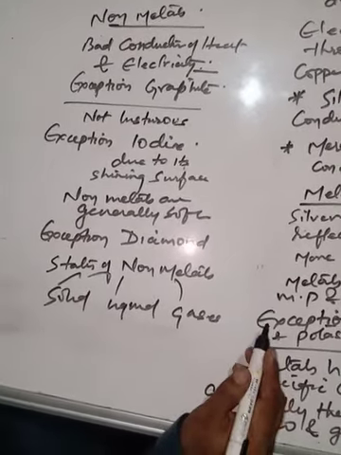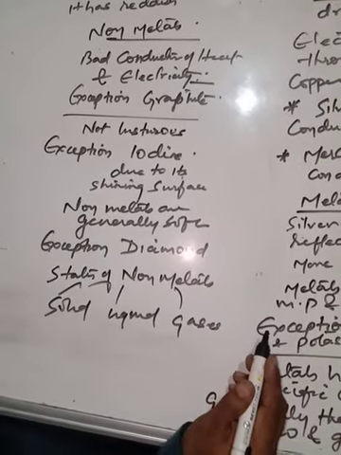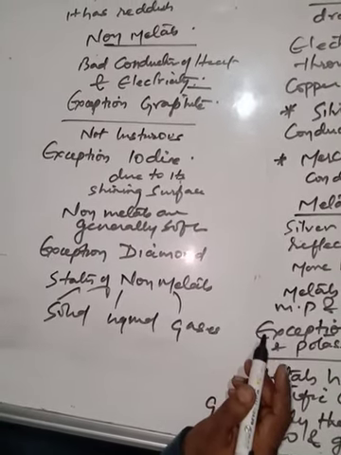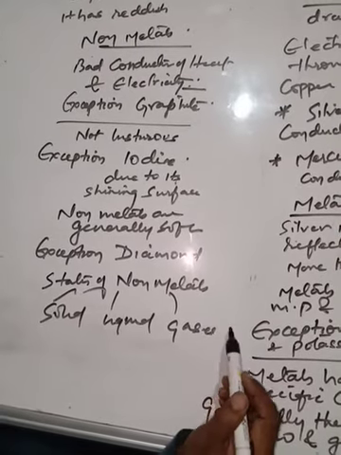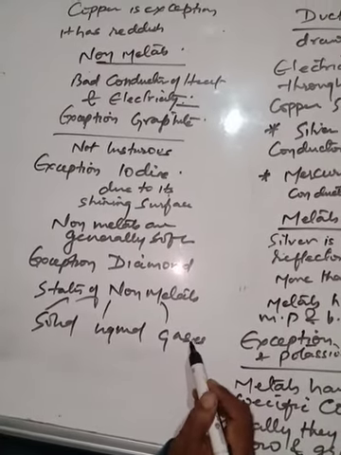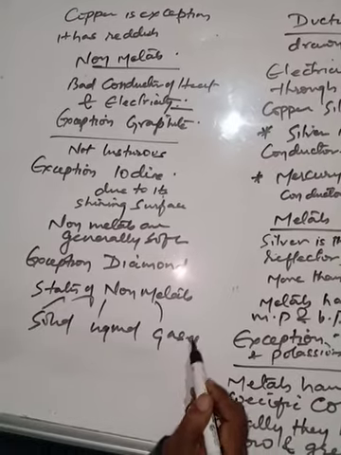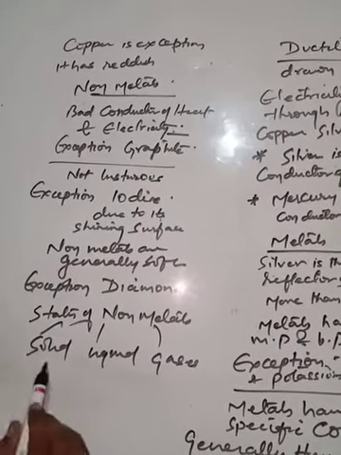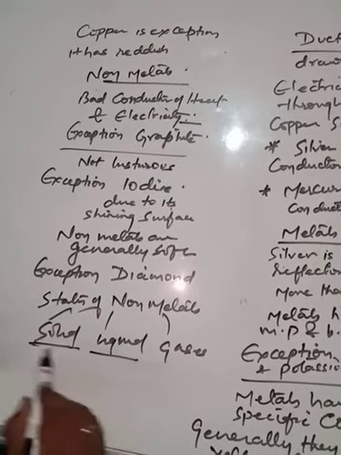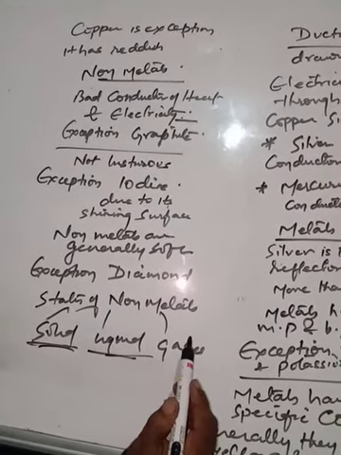Some of them you will find as solids, like sulfur, carbon, and phosphorus. Others, hydrogen, chlorine, nitrogen, oxygen, are in gaseous states. Bromine is in the liquid state.